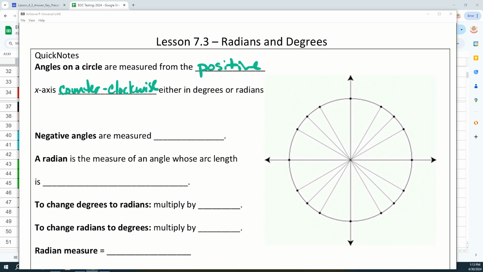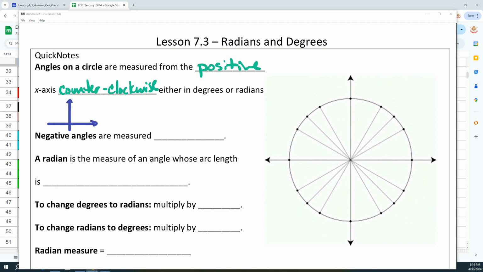And you can measure them either in degrees or radians. All right, so for example, before today, all of our angles were inside of a triangle. Well, angles don't have to be inside of a triangle. You can have angles on the coordinate plane.